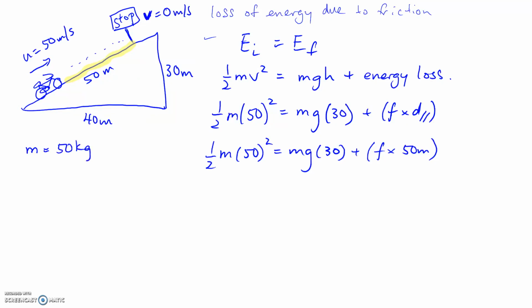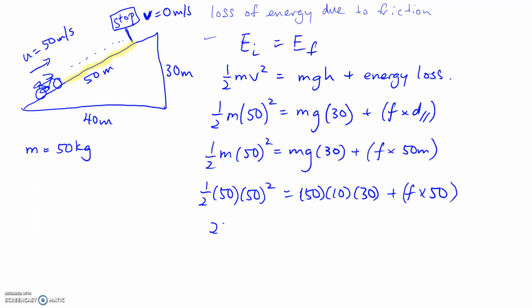50 kg, for example, so we can incorporate half times 50 times 50 squared is equal to 50 times 10 times 30, plus the addition of such.